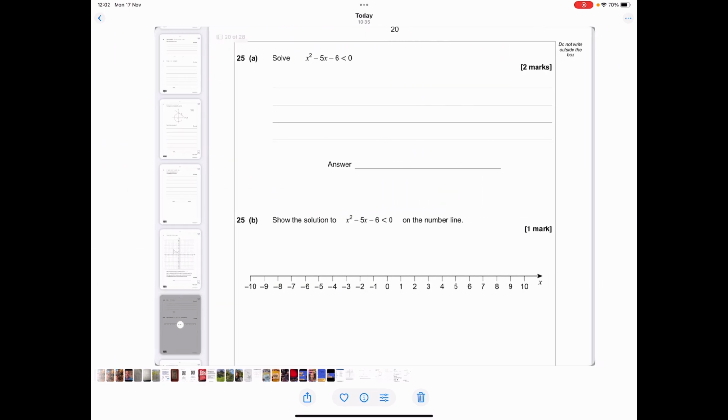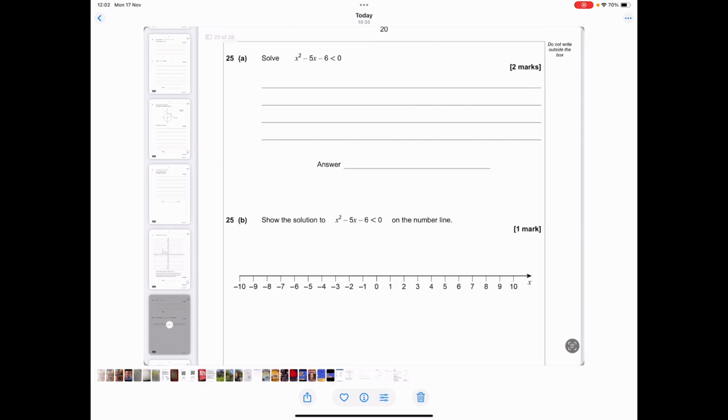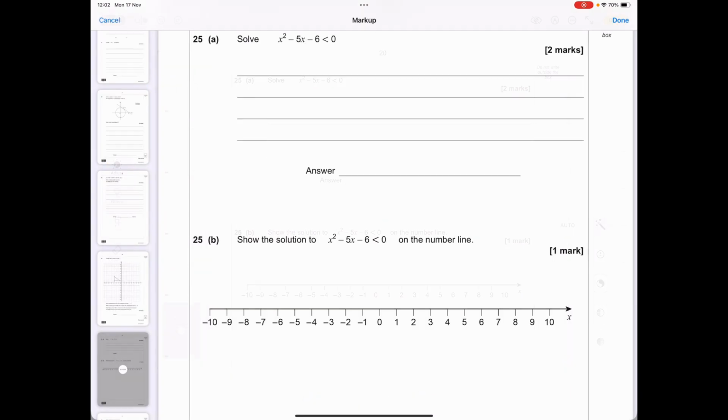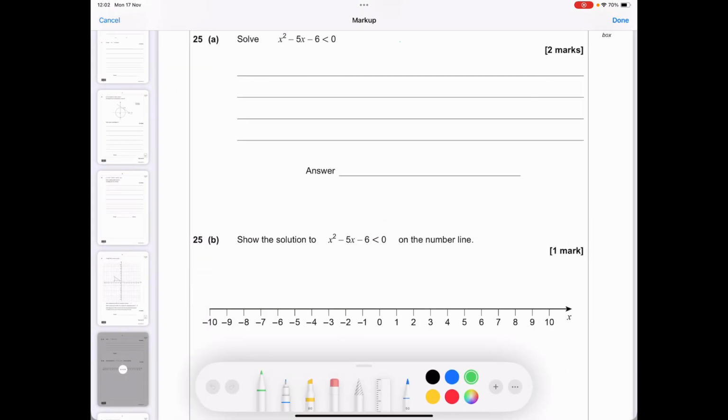Sorry about that. Now, solve x squared minus 5x minus 6 is less than 0. So what we do here is this. We do exactly what we would do normally when we solve x squared minus 5x minus 6 equals 0.